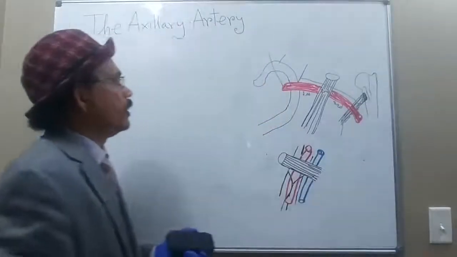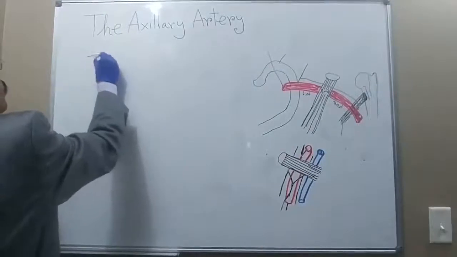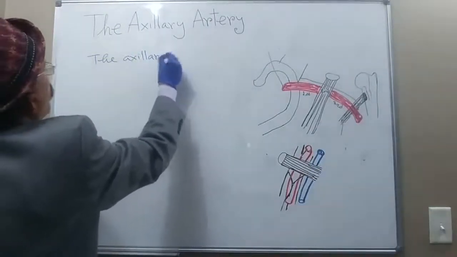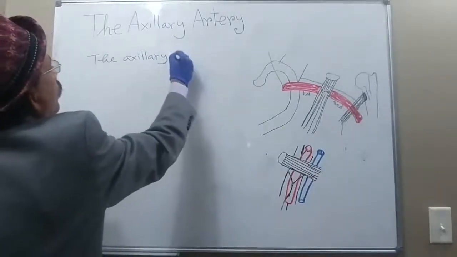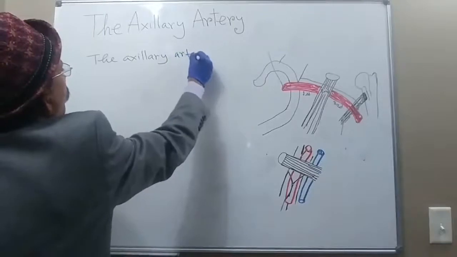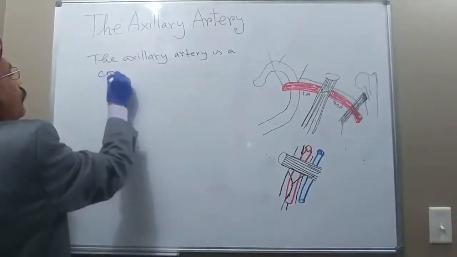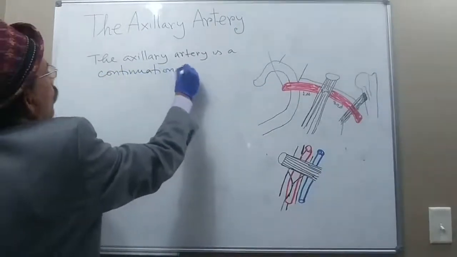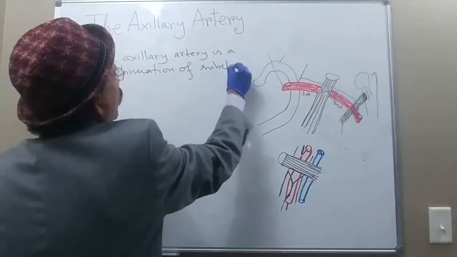Today I will discuss the anatomy of the axillary artery. The axillary artery is a continuation of the subclavian artery.